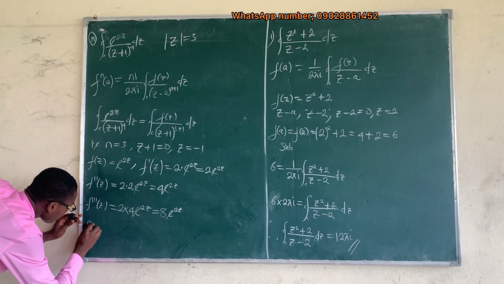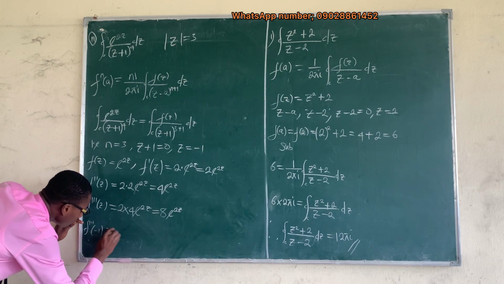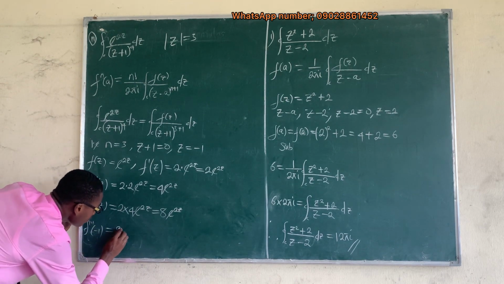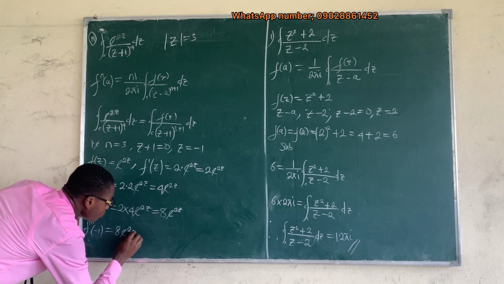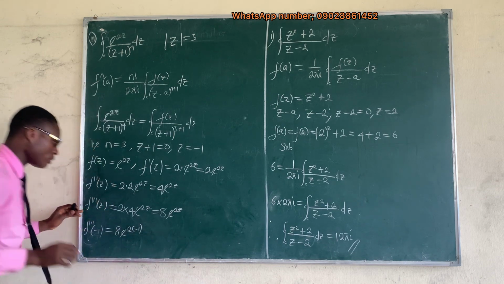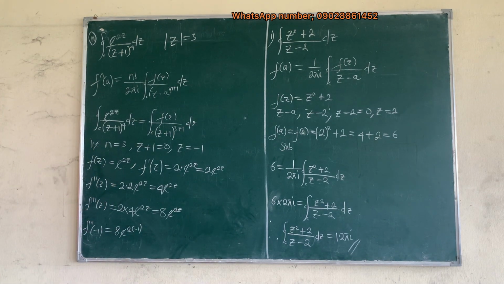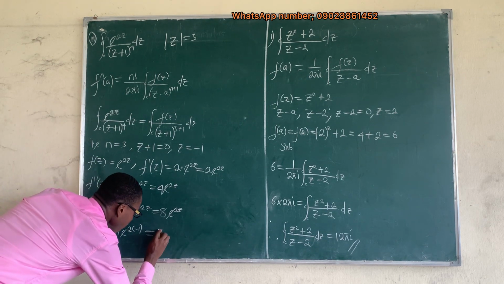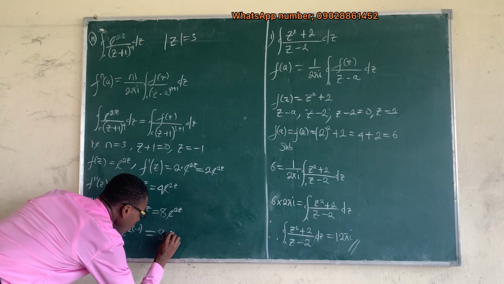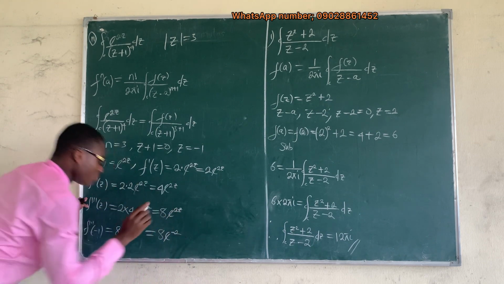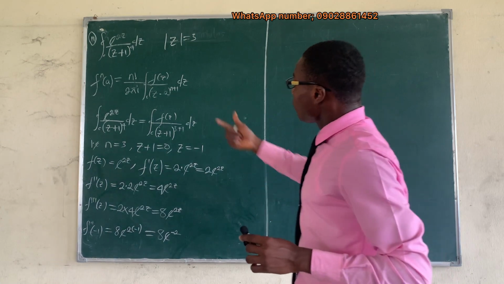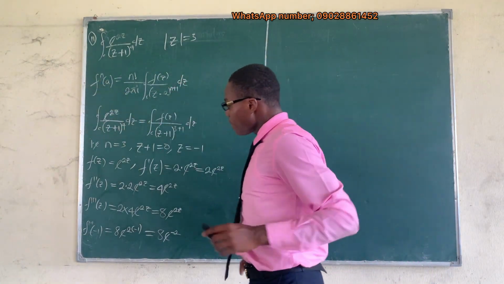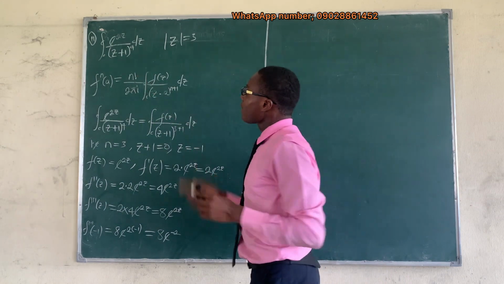So we have f triple prime of minus 1 will be equal to 8 exponential 2 into minus 1. So this implies we are going to have 8 exponential minus 2.